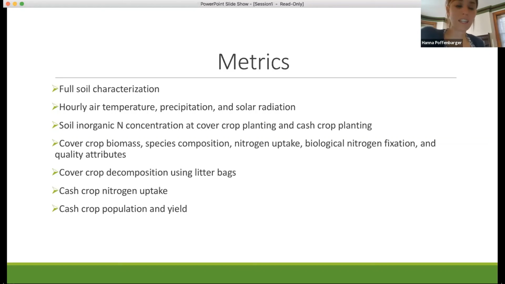We'll sample for cover crop biomass, the composition of the mixture, overall nitrogen uptake, as well as how much is coming through biological fixation, and also quality attributes like lignin, cellulose, and hemicellulose. We'll be looking at the litter decomposition using the litter bag approach, measuring the nitrogen uptake of the cash crop, as well as the yield and population of the cash crop. Next slide, please.